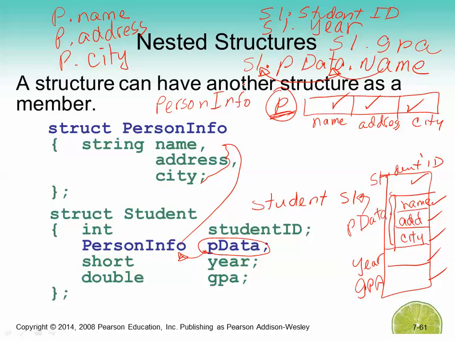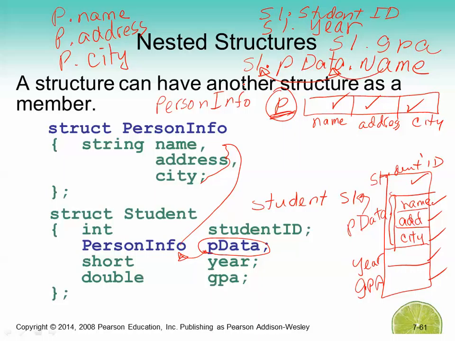If I'm going to be accessing city, what will be the name that I have to use? In name in S1, of course. S1 dot name, it was city, right?